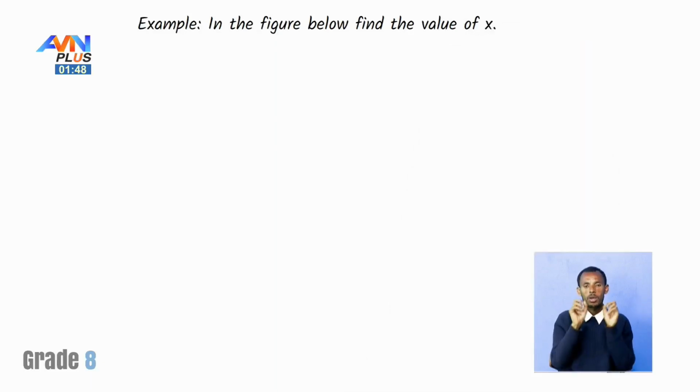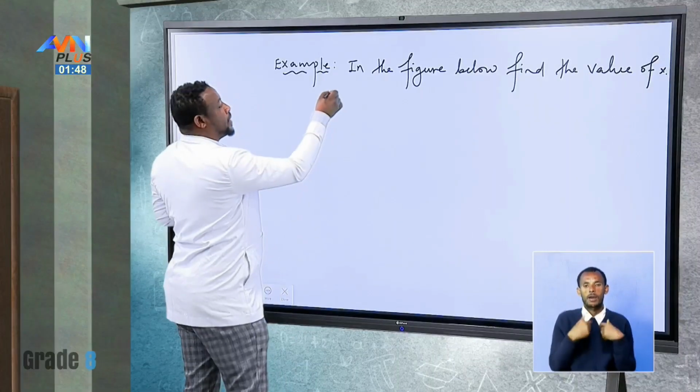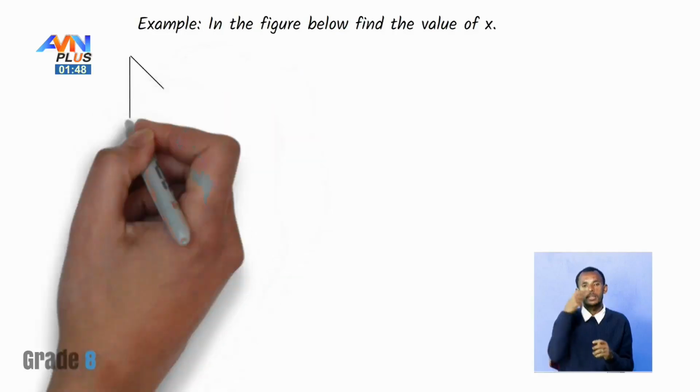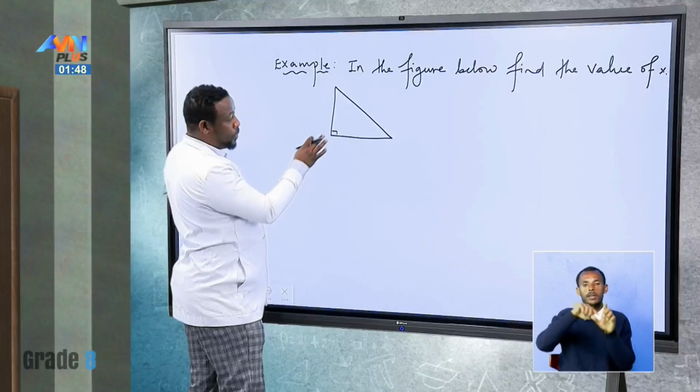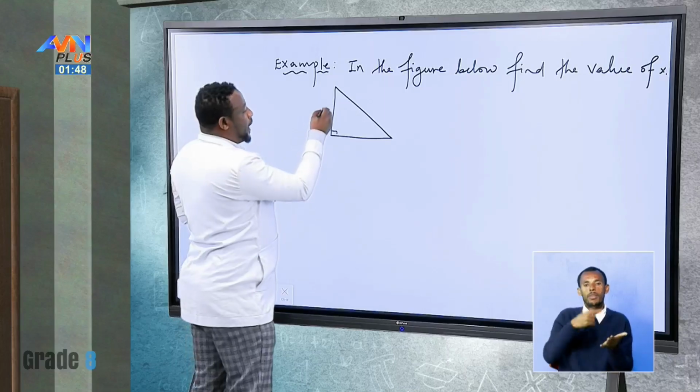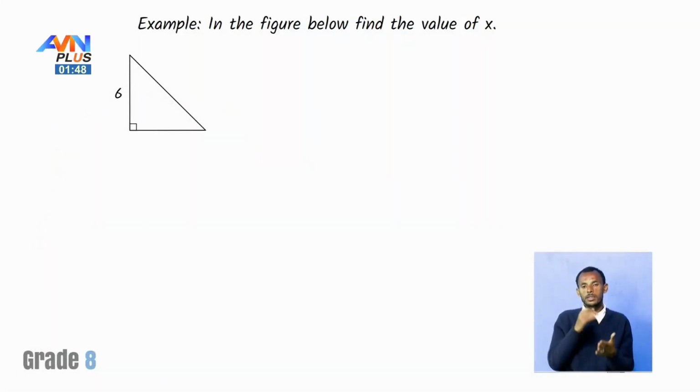Here we have different triangles. Say this is a triangle with 90 degrees at this vertex, and say this is 6, this is x, this is 10. This is the first question.